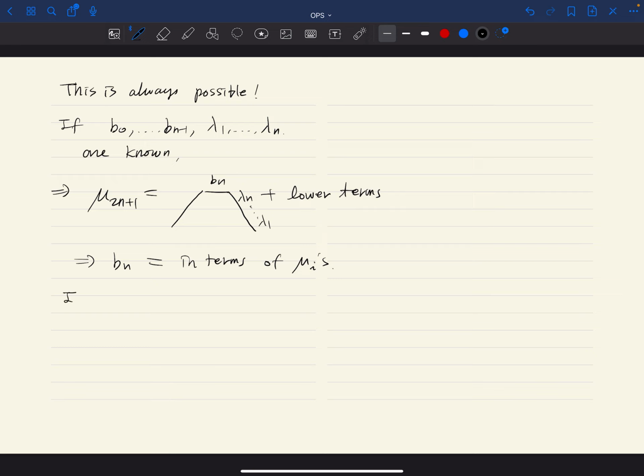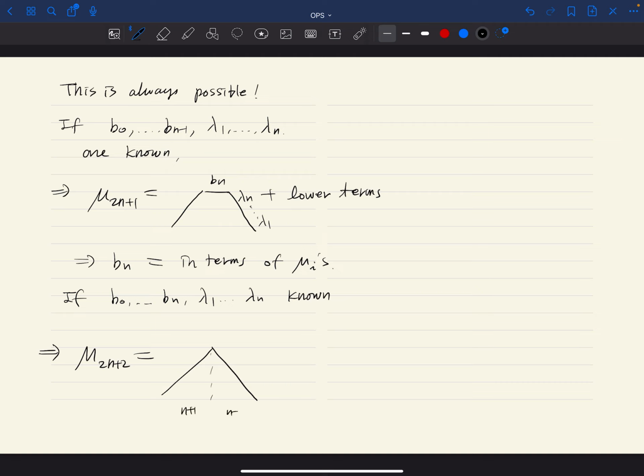And also if b0 up to bn, and lambda 1 up to lambda n are known, then we want to increase this index by 1, so we consider mu 2n plus 2. Then lambda n plus 1 only appears once over here.